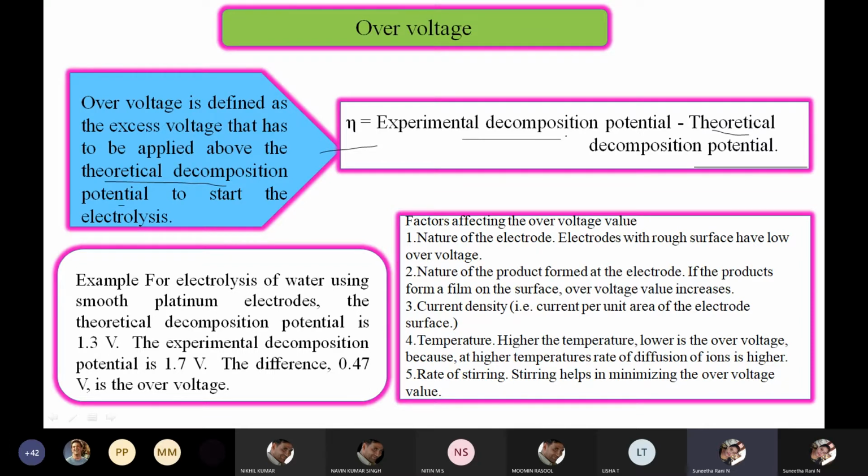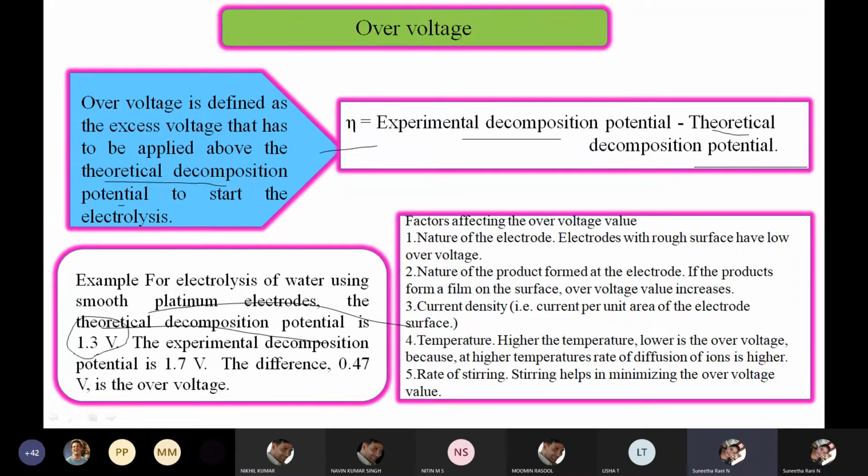To explain this, I have given a simple example: electrolysis of water using platinum electrodes. The theoretical decomposition potential for platinum electrodes is 1.3 volts.